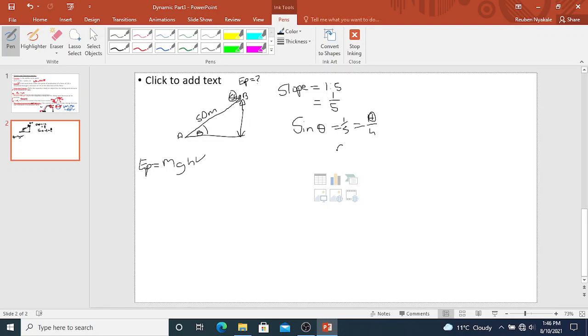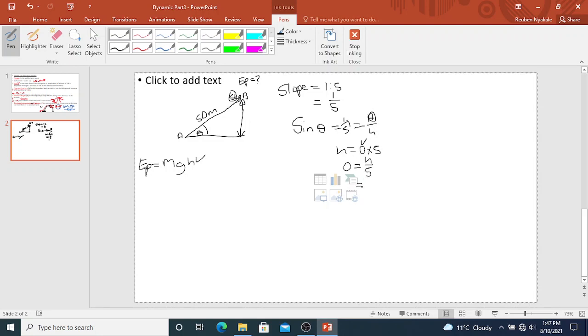When you cross multiply, it will be O multiplied by 5 equals H. We are looking for O, then O would be H divided by 5.